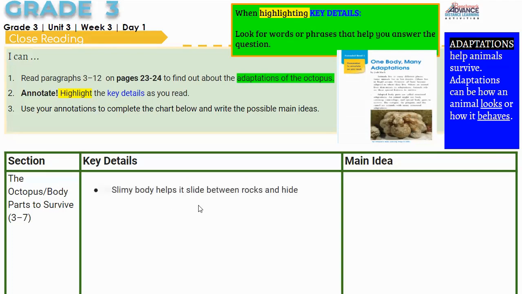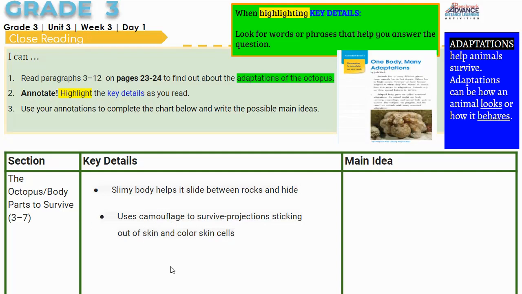Paragraph 4, I highlighted how camouflage helps the octopus, and it uses its projections to camouflage. So again, I typed that, uses camouflage to survive, projections sticking out of its skin cells. That's how it camouflages.